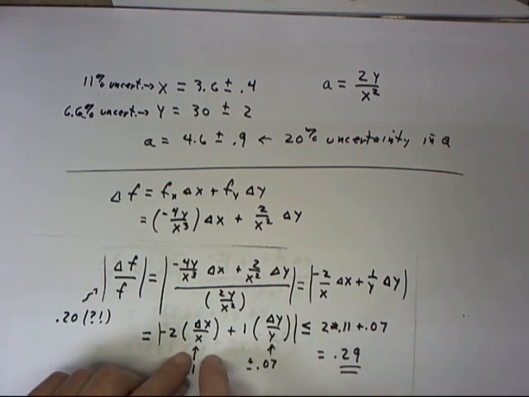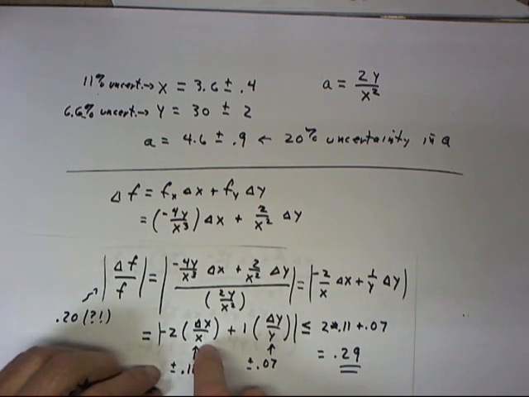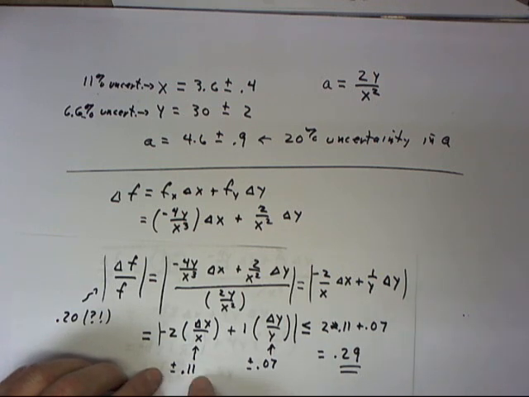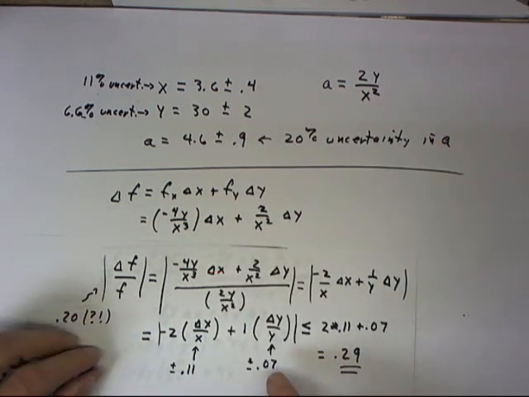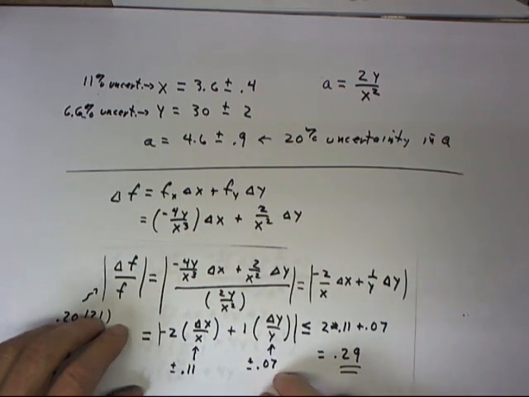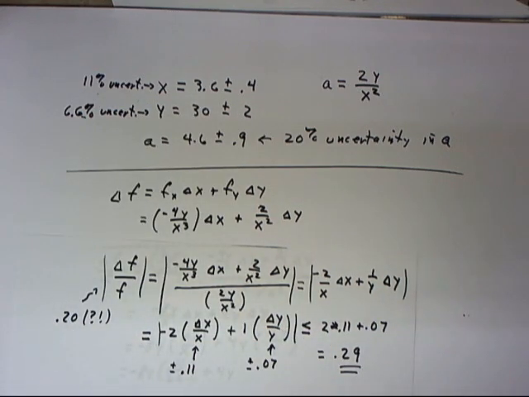To get the maximum possible value of delta f over f, we'll let our delta x over x be negative. So we'll assume a negative delta x, we'll assume the negative 0.4, very similar to what we did in our analysis. And we'll assume the positive 0.2 for the delta y over y.